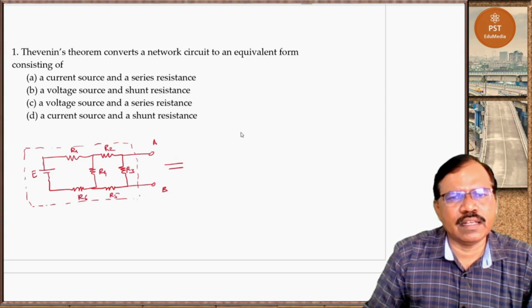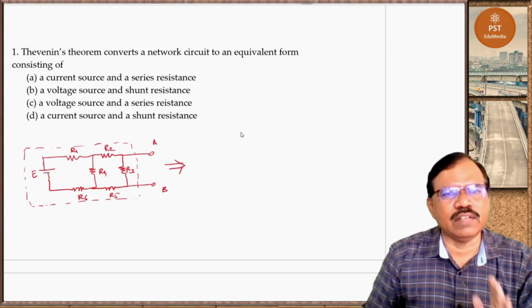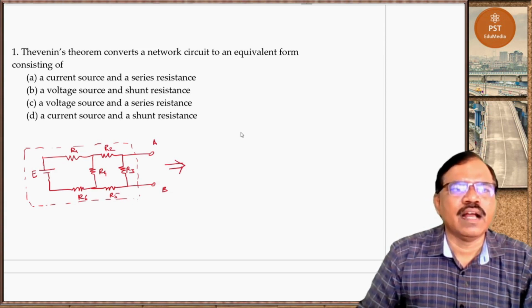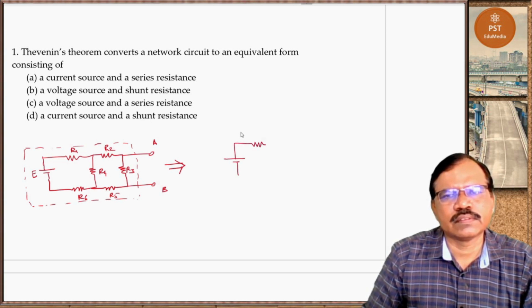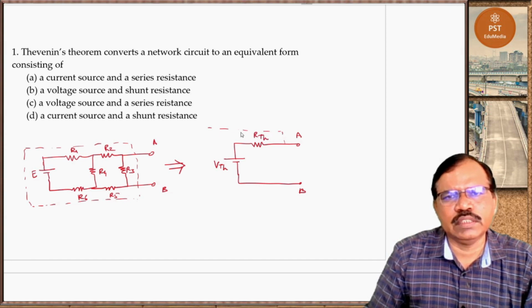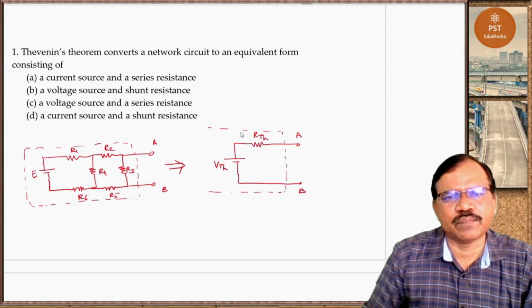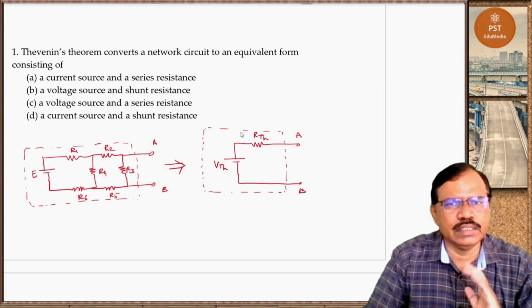And we have equivalent circuit according to Thevenin's theorem. For this network, we have equivalent circuit across terminals AB like this. So these are terminals A and B. So here this is VTH, this is called Thevenin voltage, and RTH. So this is equivalent circuit for network, and this is using Thevenin's theorem.